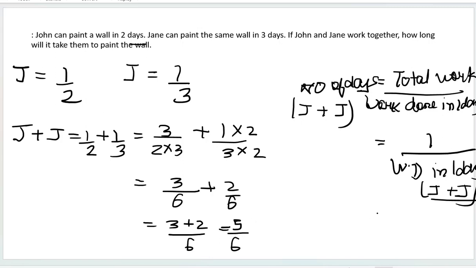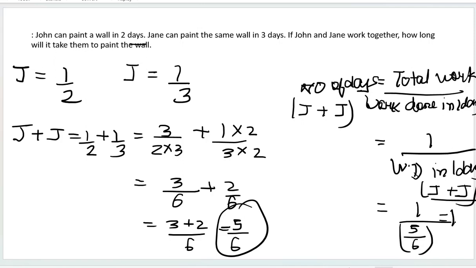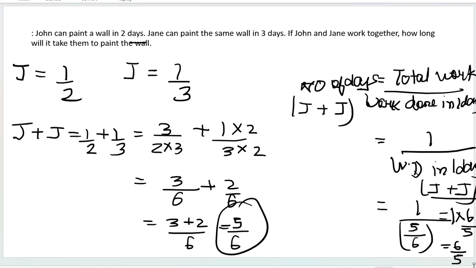So now we insert that in the final formula. So 1 upon, instead of the work done in 1 day, we write this value 5 upon 6. And now whenever we have a number on top and a fraction below, we just do 1 to keep the number as it is, and we take the reciprocal. So this answer will become 6 upon 5. So the number of days is nothing but 6 upon 5.